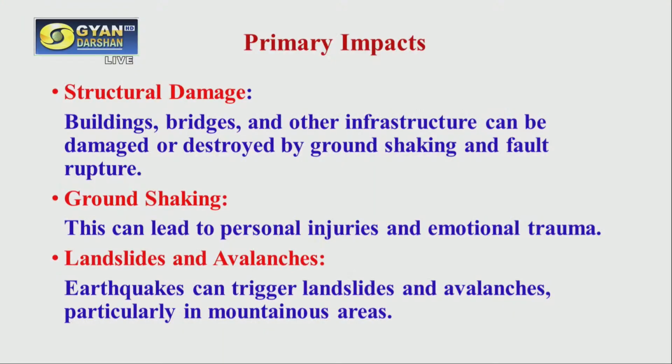Then landslides and avalanche, as I told you in the primary hazards, that an earthquake can trigger landslides in steep terrain, hilly areas, basically, and avalanche in areas which are snowbound.